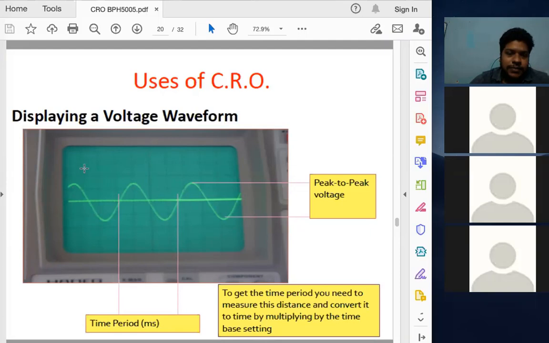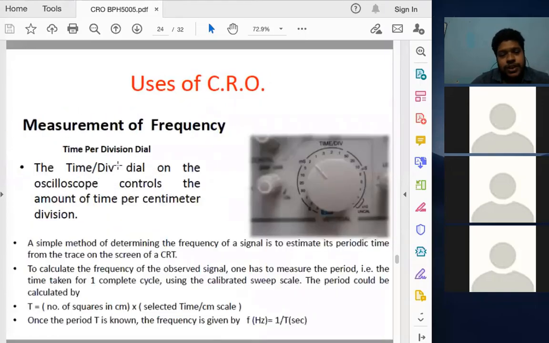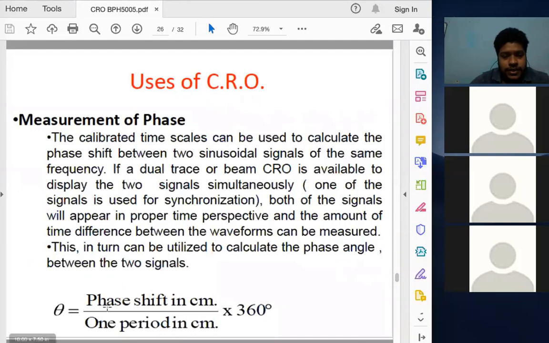Like if one wave gets its peak here and the other wave gets its peak somewhere here, this distance on the screen in centimeters is the difference in phase.